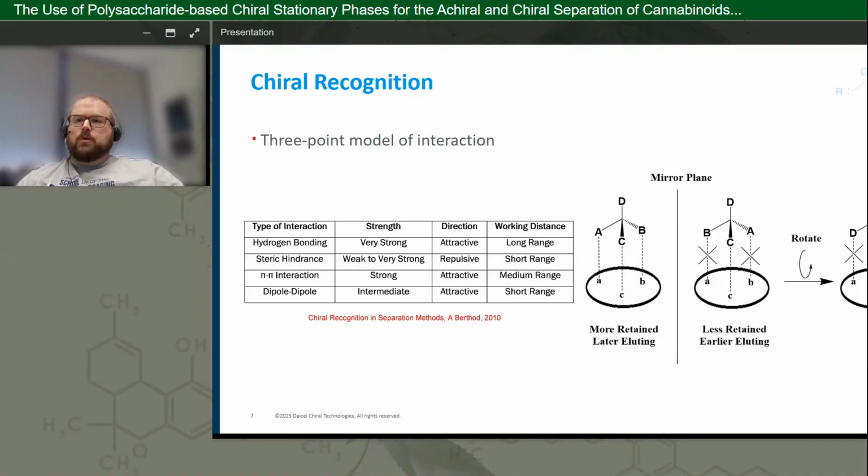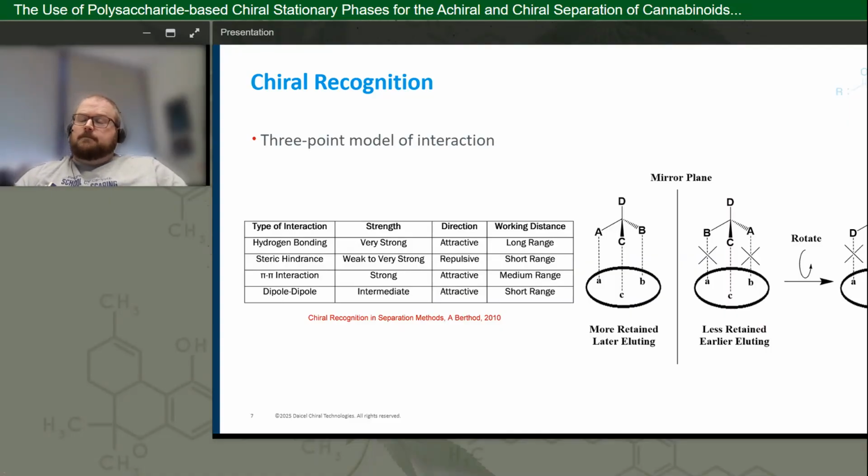What we know for sure, or at least in terms of an easy way to explain this separation mechanism, is that we want 3 points of interaction to take place between the chiral analytes and the chiral stationary phase. The picture on the right-hand side is demonstrating that. You've got a pair of enantiomers, left hand to right hand, that have all of the same functional groups, but they are geometrically oriented differently around that chiral center.